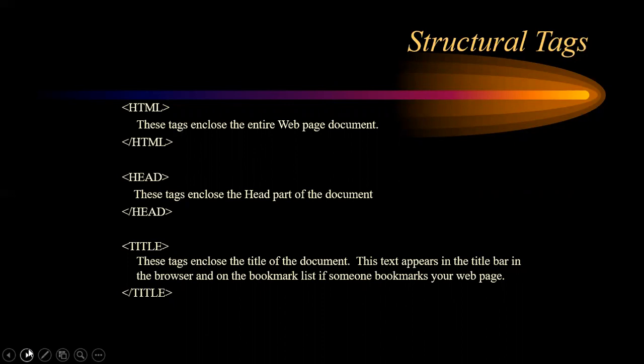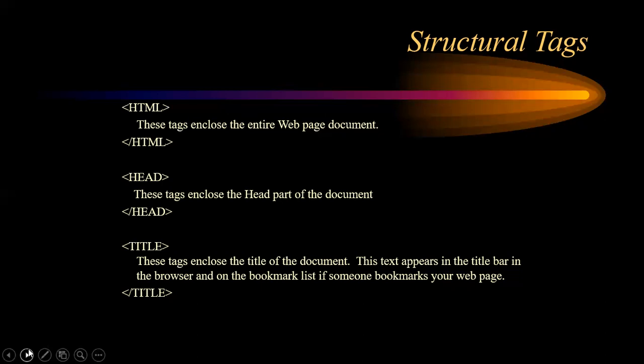Then in the HTML main document, we have the first portion, head. In the head portion, we give the basic information about our document. In head, we will nest the title tag, to give the document's main title.